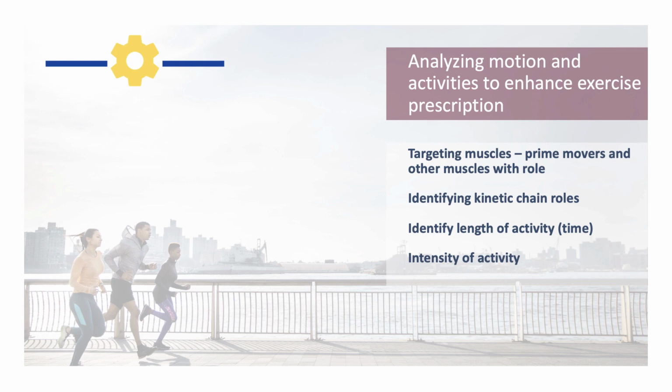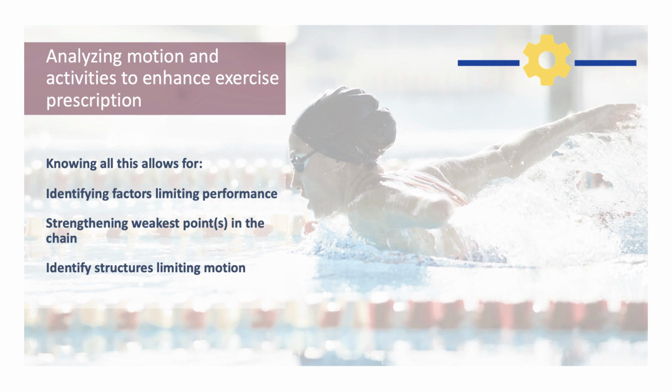So we have to think of things like the length of the activity, the intensity of the activity, and so on. In this course, we'll talk about those aspects of performance as well and how to incorporate them into our exercise prescription.